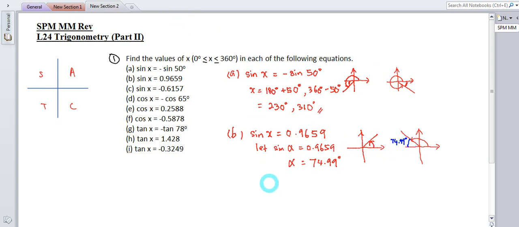So x is 74.99 degree, or 180 degree minus the reference angle 74.99. This one you just press the calculator. You should be able to get 105.01 degree. Okay, let's go to C.